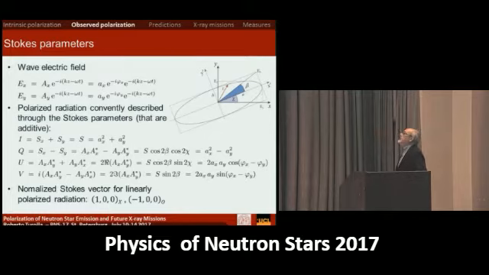These are additive quantities, and the Stokes parameters listed here, the total intensity I, Q, U, and V, are expressed through the complex components of the electric field. And let me just point out that the normalized Stokes vector, made by Q, U, and V, for linearly polarized radiation in the X and O mode is written in very simple terms as 1, 0, 0 and minus 1, 0, 0 for the extraordinary and the ordinary mode respectively.